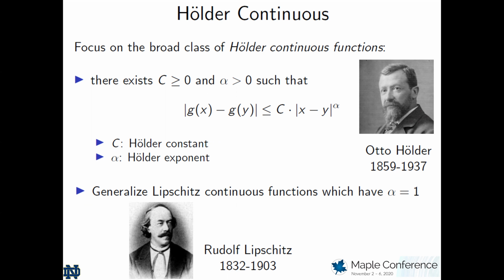This is a generalization of the Lipschitz continuous function. In the Lipschitz case, the exponent is 1, and the constant c is called the Lipschitz constant in that context. But we'll just refer to it as the Holder constant with Holder exponent equal to 1.